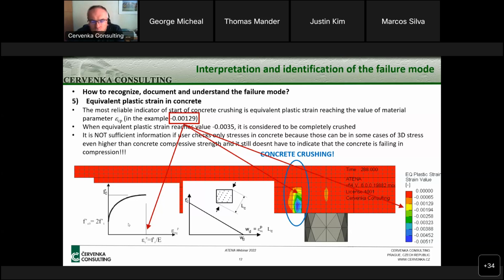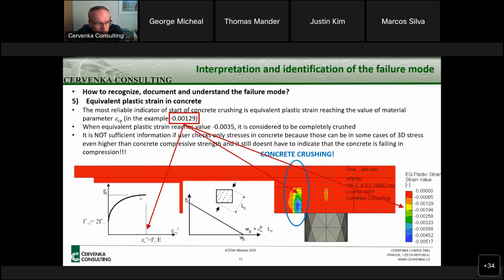If I briefly remind you of the concrete material model, it consists of a fracture part for cracking and a plasticity model for crushing of concrete. And this plasticity model has a hardening part, which is shown in this graph, and then a softening part.